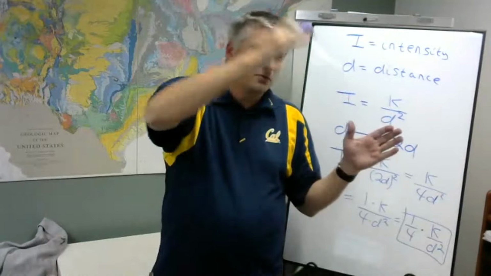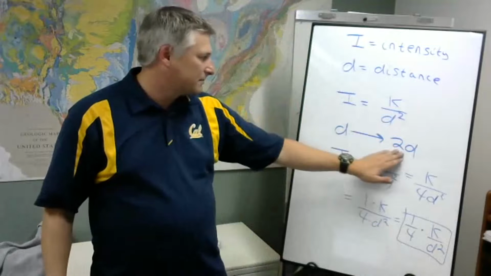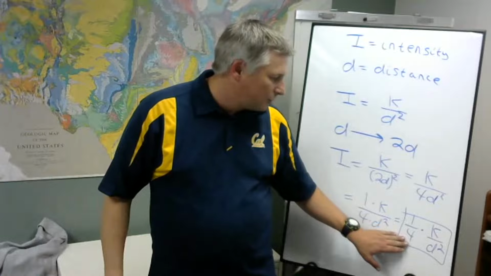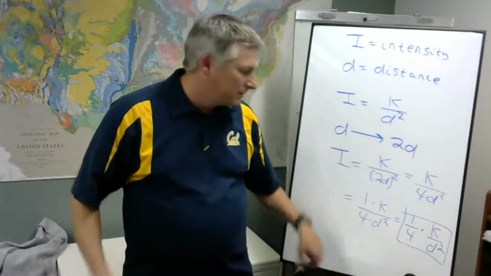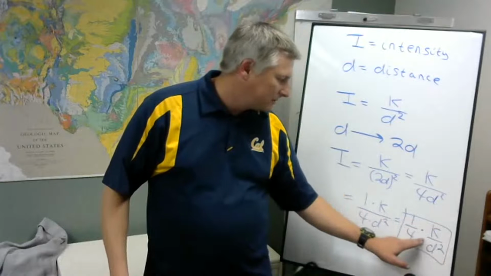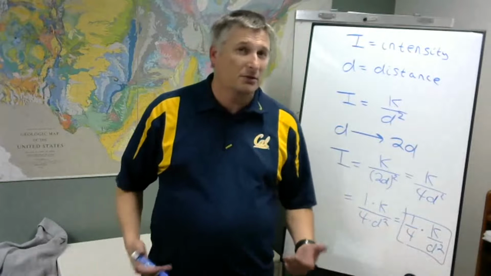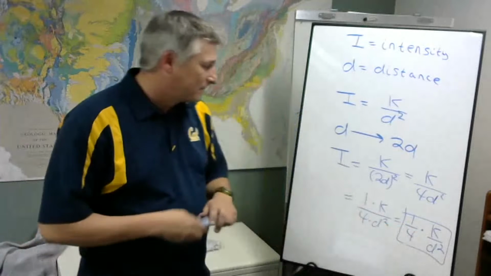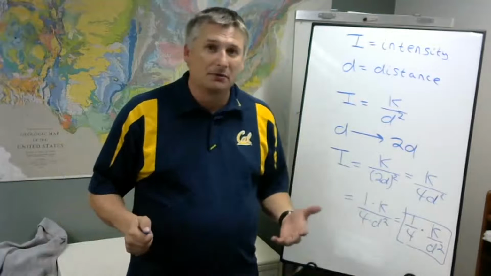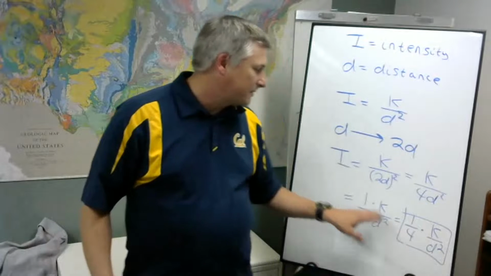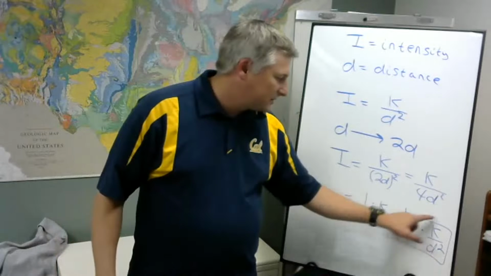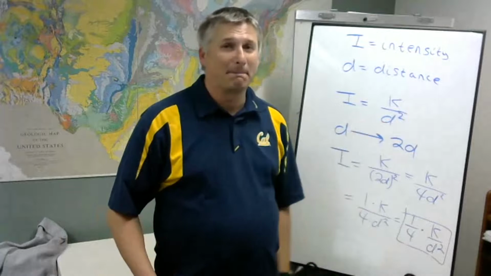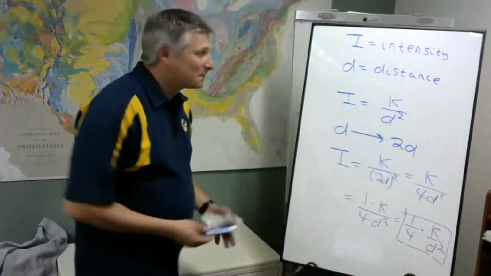But if we go from the second row to the fourth row, we double that distance. And then we simplify, we find out the intensity is reduced to a fourth. Now our old intensity is a fourth of what it used to be. So we didn't have to solve for K in this case at all. We could just use symbolism to figure out that if we double the distance, the intensity will be a fourth of what it used to be originally. So there we go.